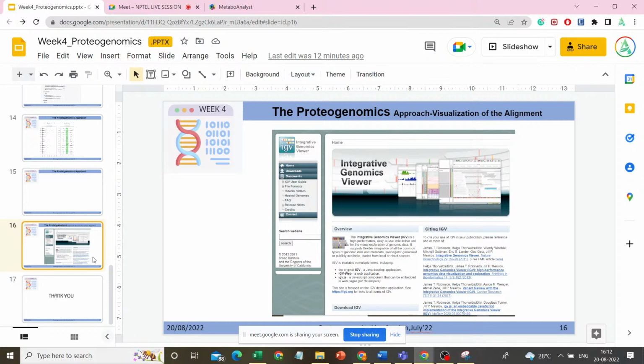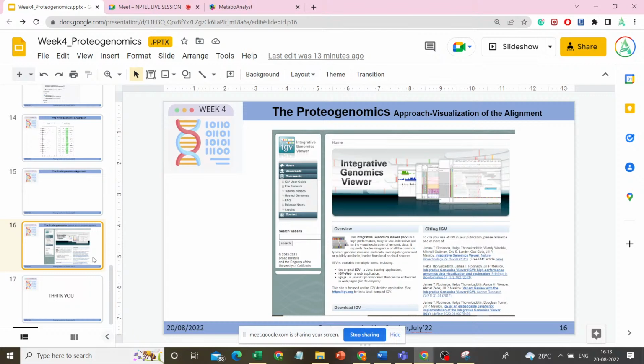Now after the alignment, how will you view the alignment? Like the MSA, multiple sequence alignment, if you have done it in basic bioinformatics, you can see sequences lined up, and you can easily identify where there is a difference, in the star mark, meaning a difference in the codon sequences, meaning the DNA sequences.